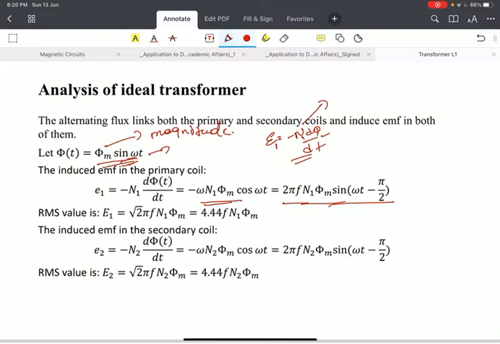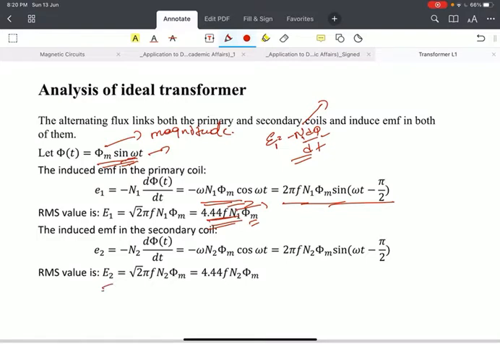So the RMS value of the induced EMF can be written as 4.44 f N1 phi m. This we have discussed in AC operation of the magnetic circuit in the previous classes. We have derived this equation, and we know that the induced EMF E1 is equal to 4.44 f N1 phi m, where f is the frequency of the AC voltage, N1 is the number of turns in the primary, and phi m is the magnitude of the flux.